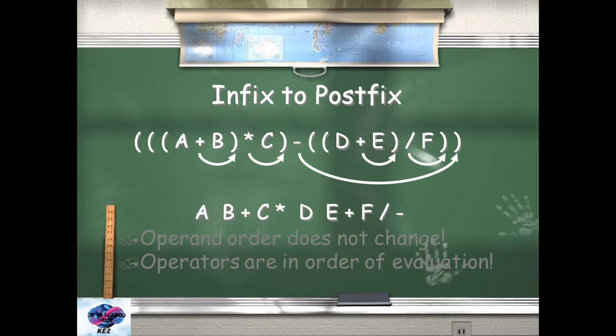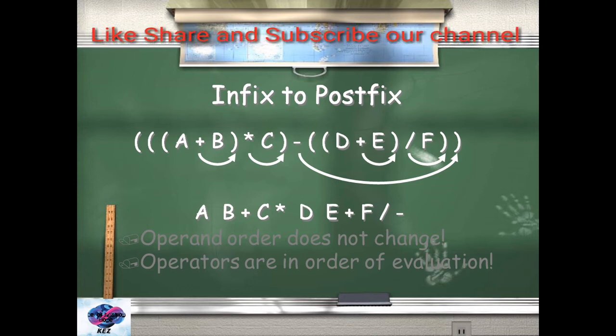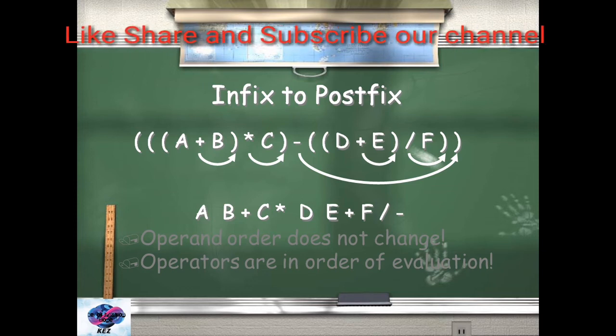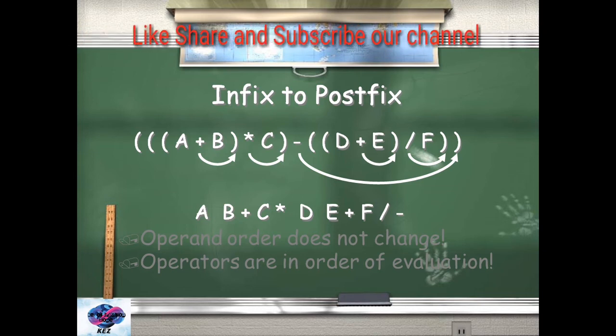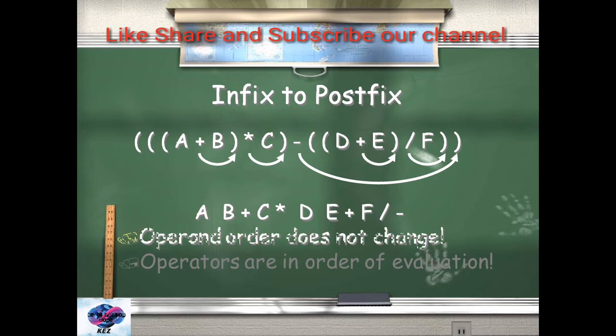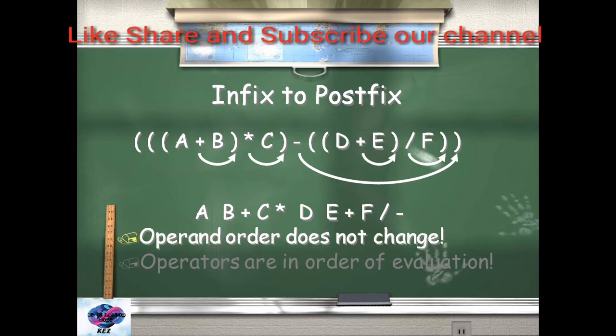A B plus C multiplication, this part. Now in this part, D E plus F division. Now in between there is also one negative sign, that will come at the end.